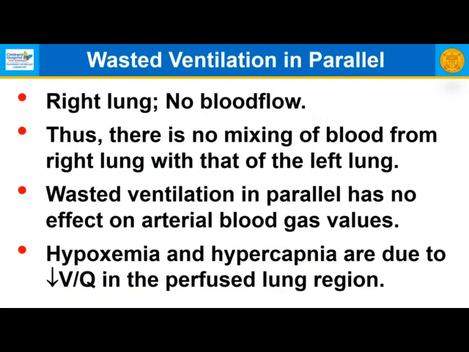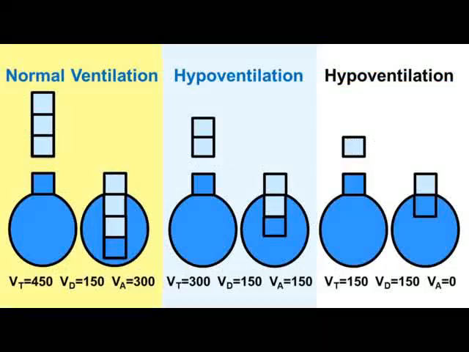So the right lung, no blood flow, thus there's no mixing of blood from the right lung to that of the left lung. Wasted ventilation in parallel has no effect on arterial blood gases. And in this case, the hypoxia and hypercapnia are due to the decreased VQ in the perfused lung. It is not due to the wasted ventilation per se.